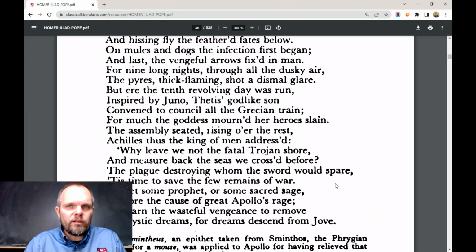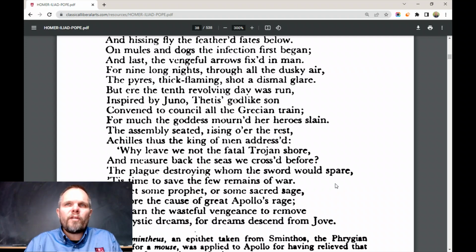You've got to learn a lot of information about Greek and Roman history, about Greek mythology, philosophy, geography. There's just a lot of information that needs to be learned, and that's what I'd like to try and help you with as we read through this book. So we're going to cut off there.